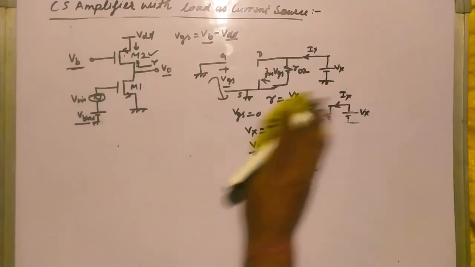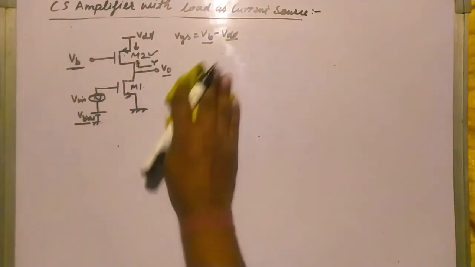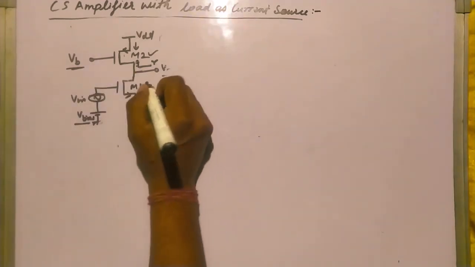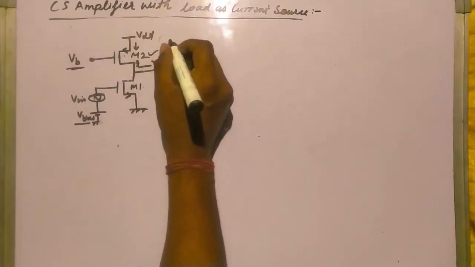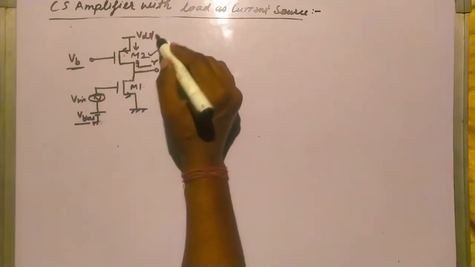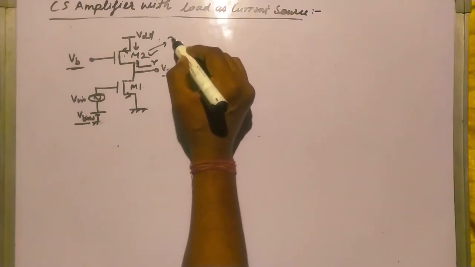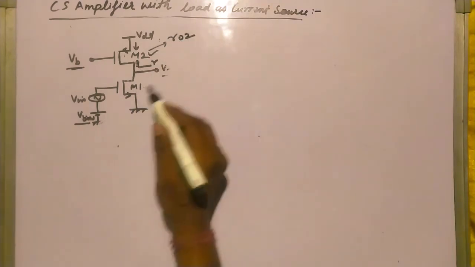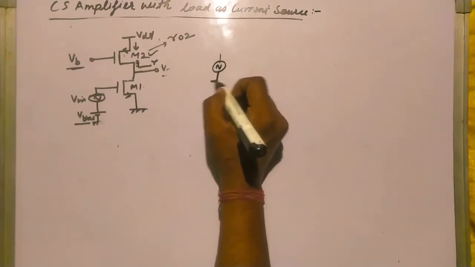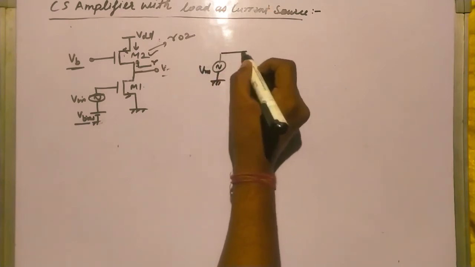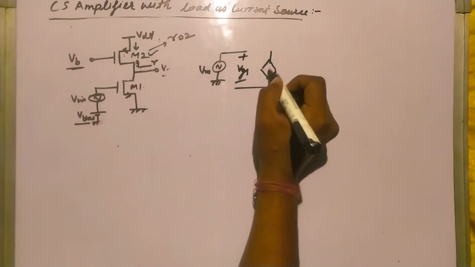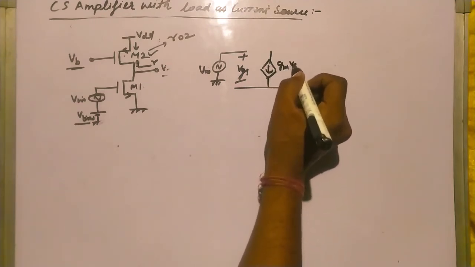Now let's calculate the gain of this circuit. To calculate the gain, let's do small signal analysis of this whole circuit. After doing the small signal analysis, I got a resistance of R0 2 for M2. So now do the small signal analysis for this. It is my Vin, and plus minus VGS, and this is GM VGS.